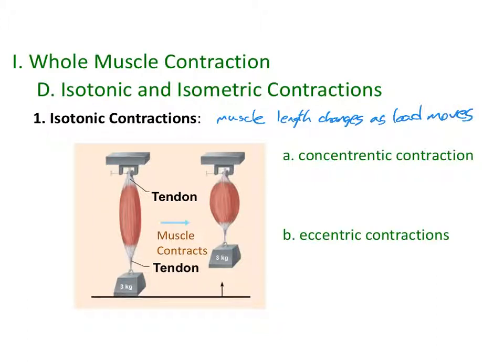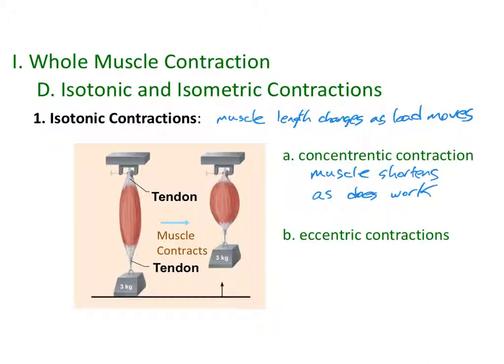And there are two different varieties of isotonic contraction. You have concentric contractions, in which the muscle shortens as it generates force or conducts work. Which is what you would normally think of, like when you're picking something up, you are having a concentric contraction to lift that heavy item up.